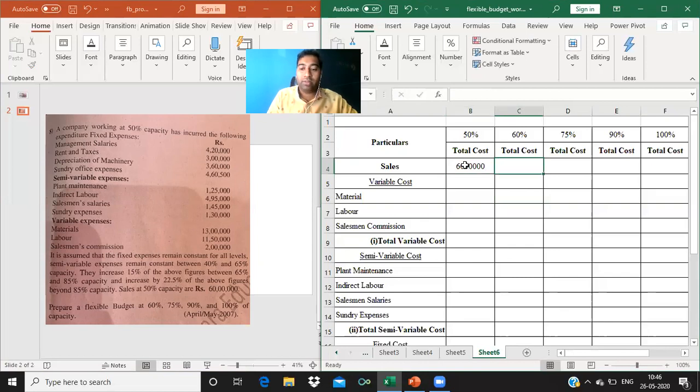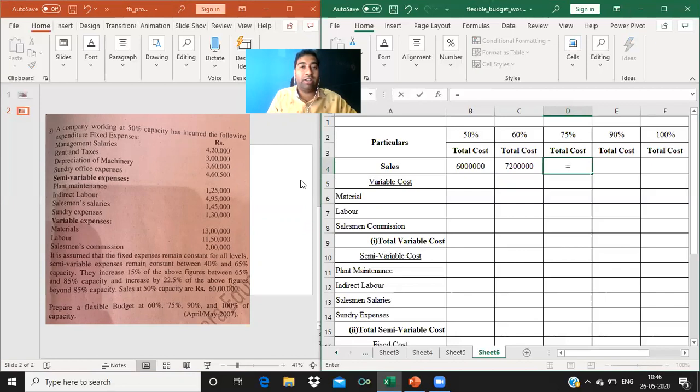Next, the sales at 60% will be 60 lakhs divided by 50 into 60. 72 lakhs we got. So this is how we are going to calculate. If you have not understood, please observe the calculation part of calculating the sales.